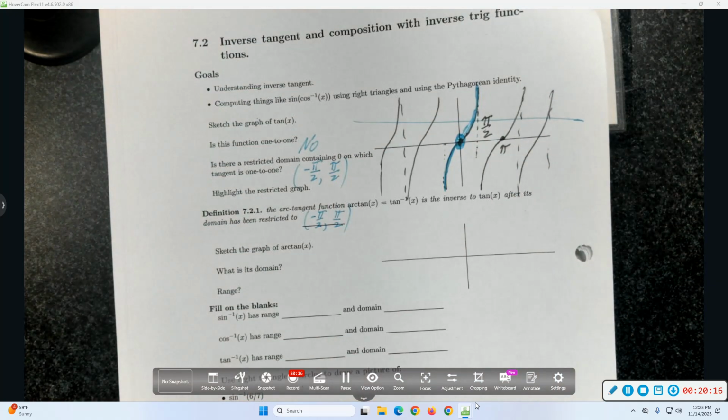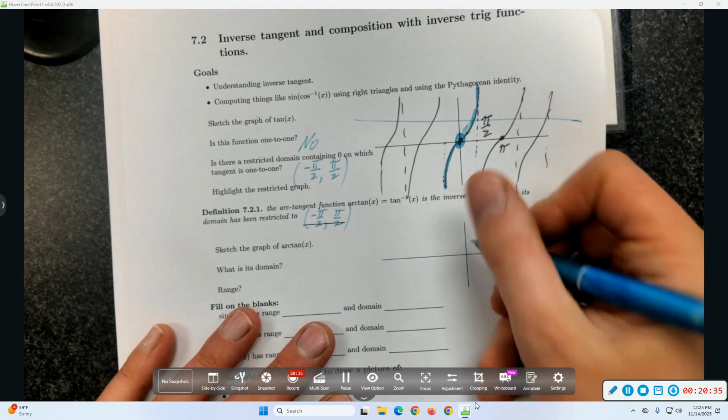And now we can graph inverse tangent, can't we? How do you get the graph of an inverse function from the graph of the original? Swap the x's and y's. Or if you like, it's reflecting over the line y equals x. Oh, cool. 0, 0 goes to 0, 0.